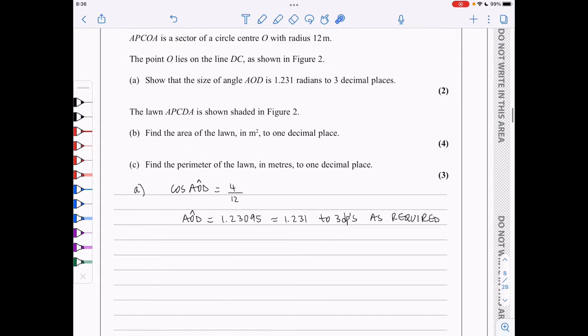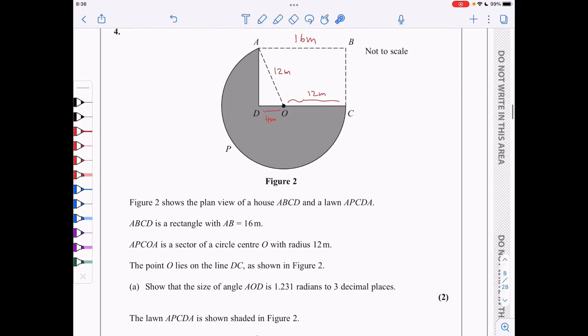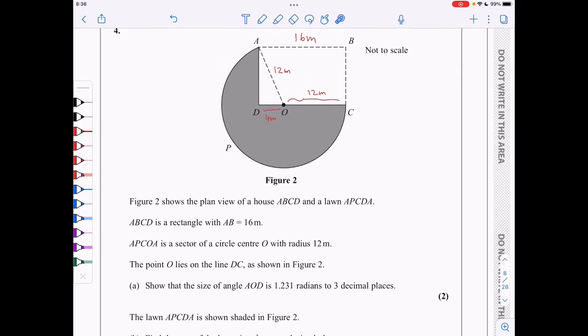Now, the lawn APCDA is shown shaded, and we need to find the area of the lawn. So the idea is to find the area of the sector here, and then just deduct the area of the triangle here. I will start off by adding the information we've just established to be true here. This is 1.231.